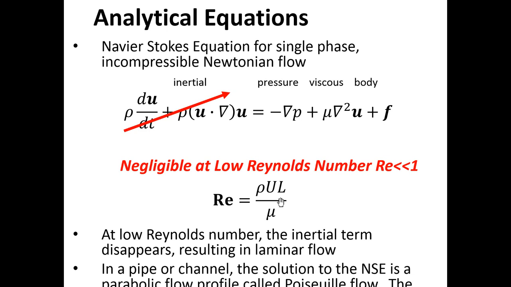Notice that there's a geometric parameter here. The length scale is one of the dimensions of the channel. In a circular microchannel, it's the diameter of the channel. In a square microchannel, it's similar: a typical length scale would be a dimension of the channel. On the bottom here we have mu.